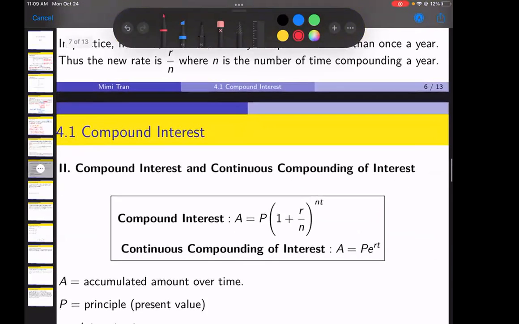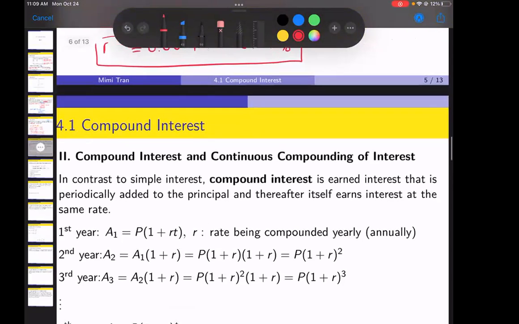So in terms of math, let me explain how you come up with the two formulas, or at least one of them, right? So you start out with which one? First year is A equals P times the quantity 1 plus RT. R is the rate of compounding yearly, or sometimes they call it annually. If it's yearly, then T equals what? 1.